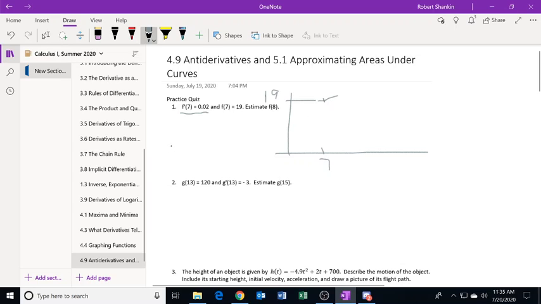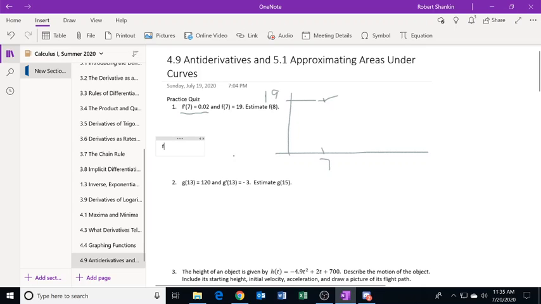Okay, now if we're going to estimate f of 8, imagine that we knew this function all the way up until 7. It's kind of like projecting into the future. Maybe 7 is an input that represents the current year or something, current time.